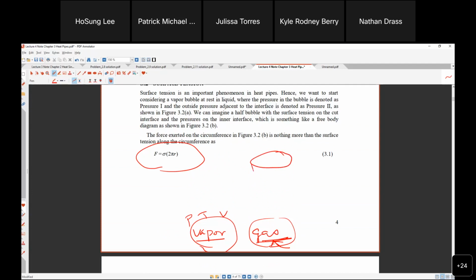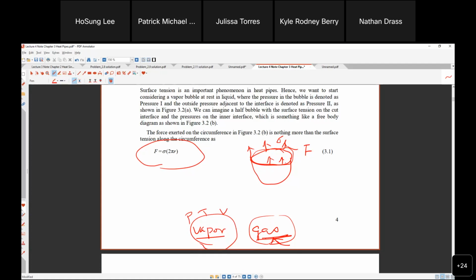Okay, so if this is a half bubble, then the interface is 2 pi r and surface tension, so that we can calculate the forces. That's in the surface tension definition.